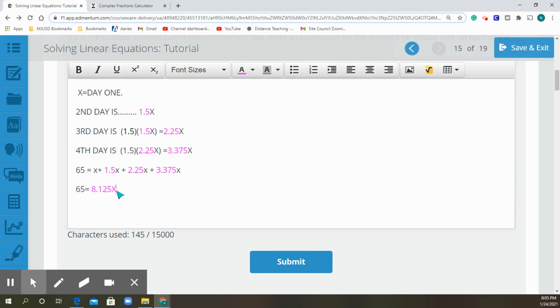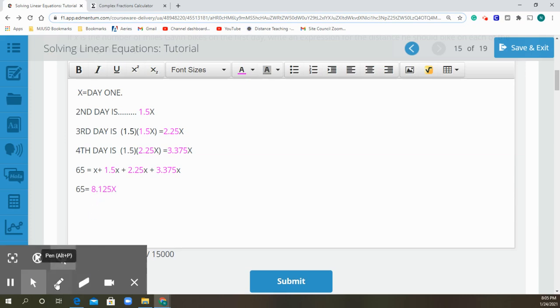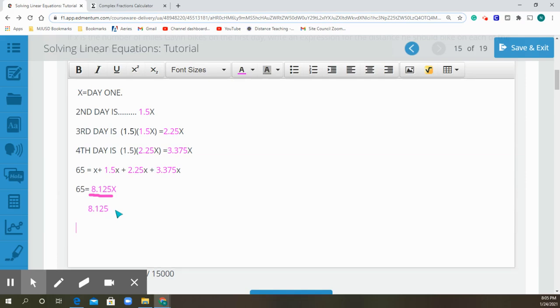So I would essentially be dividing, here, let's even use a pink here, divided by 8.125. And then we should have 65 divided by 8.125 equals x.